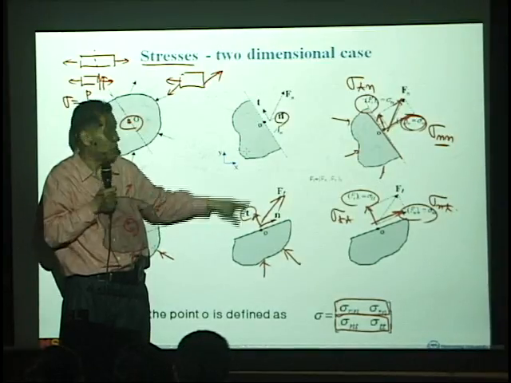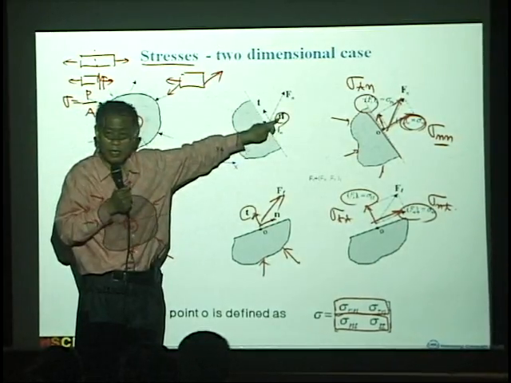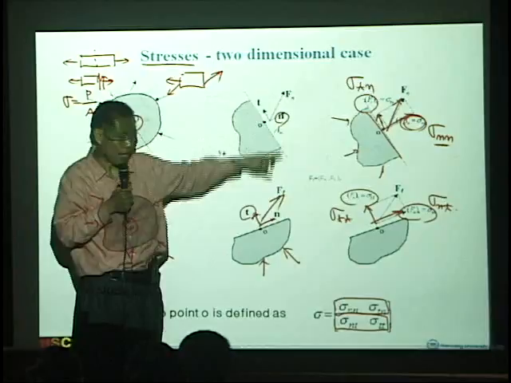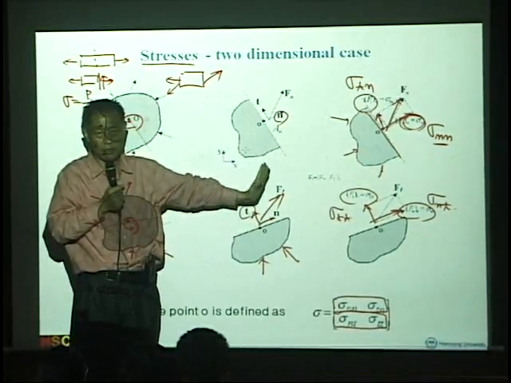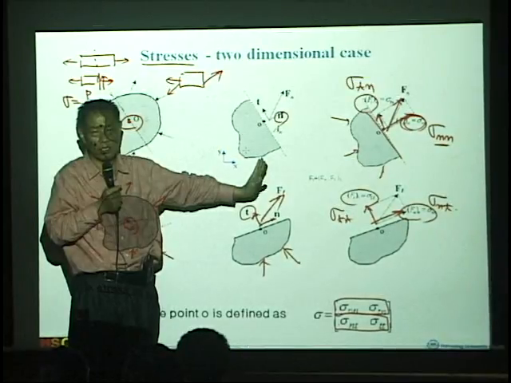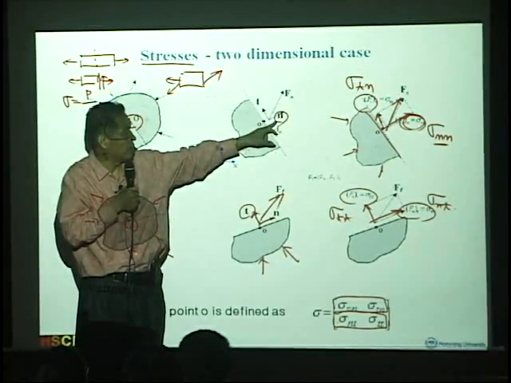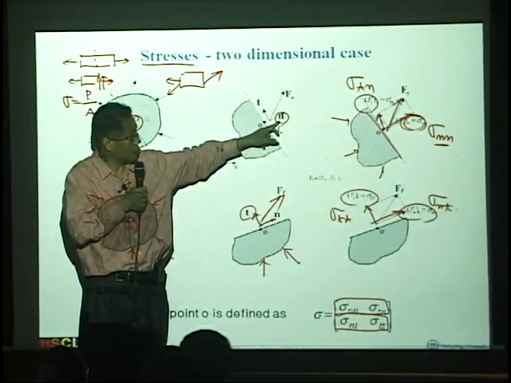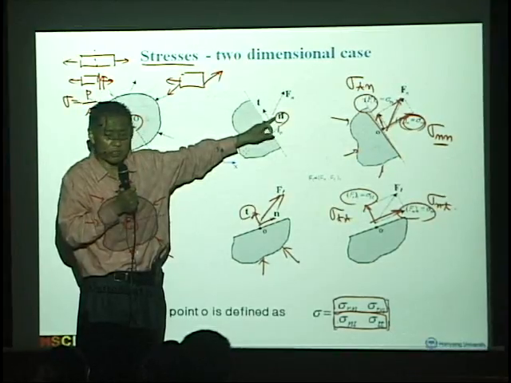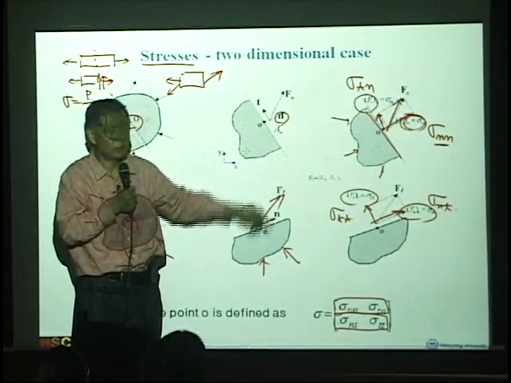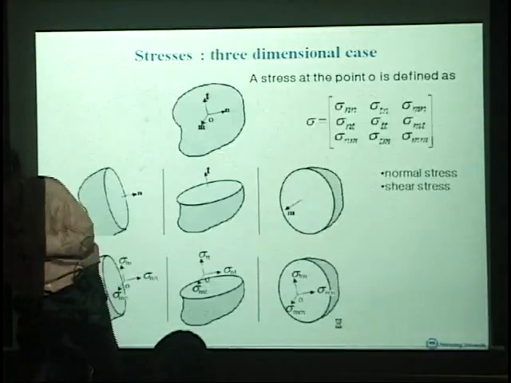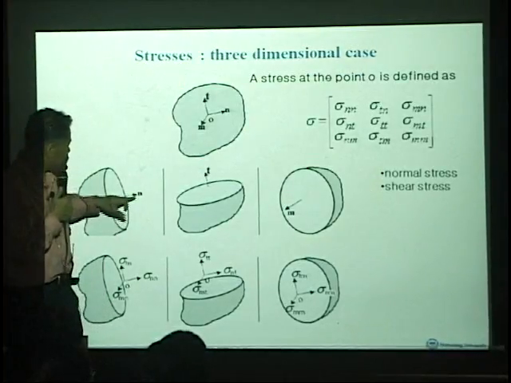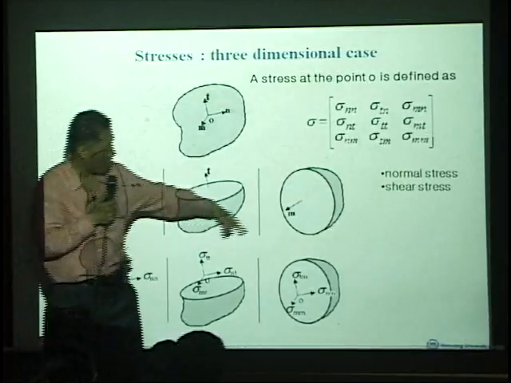So cutting can always be denoted by the direction normal to this cross section. So again, this is N and T and M.